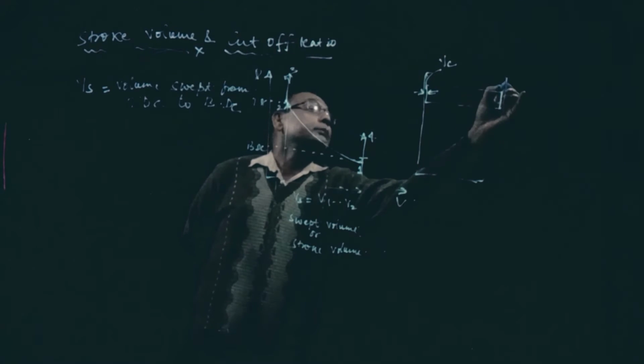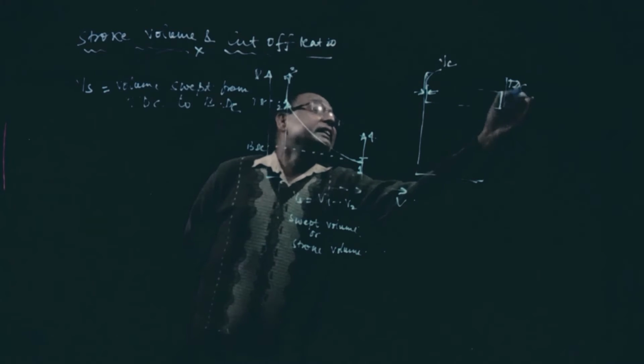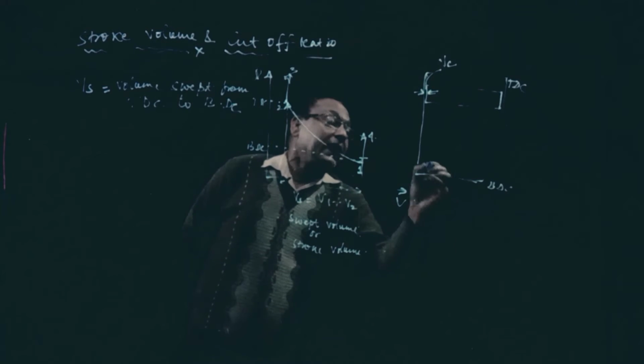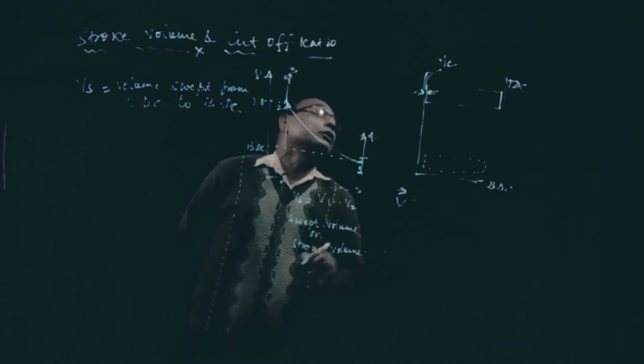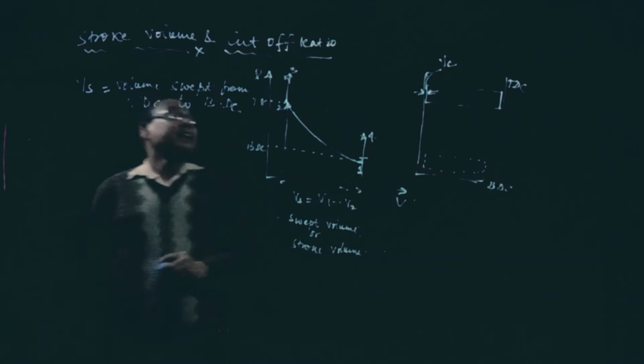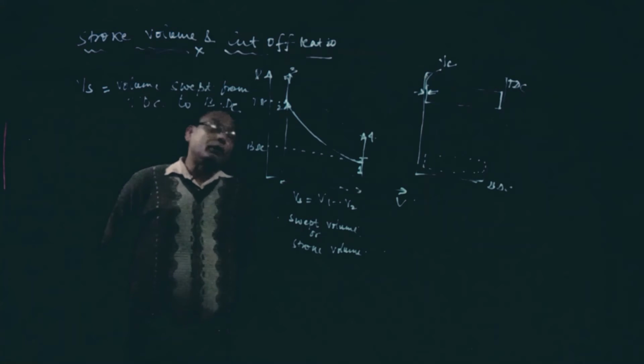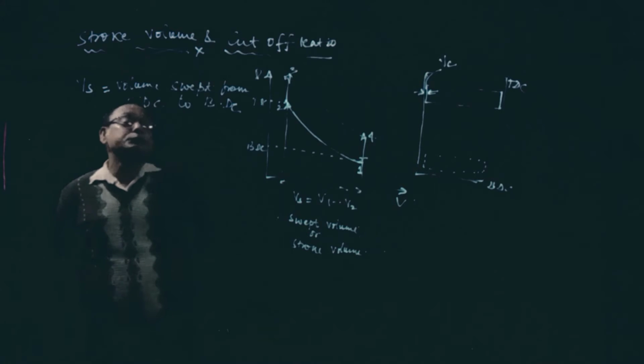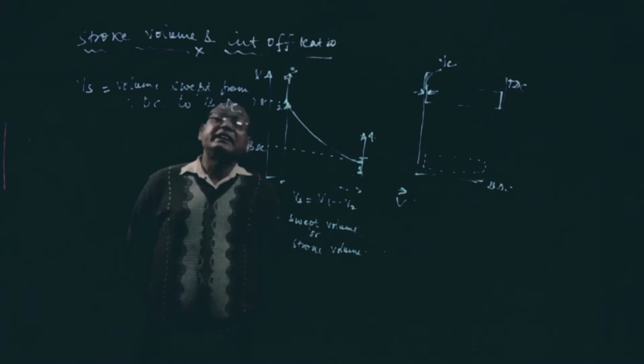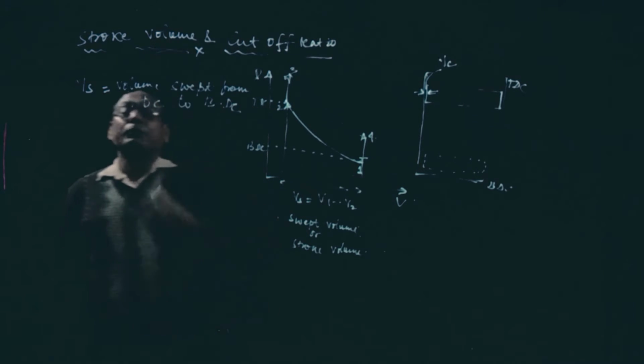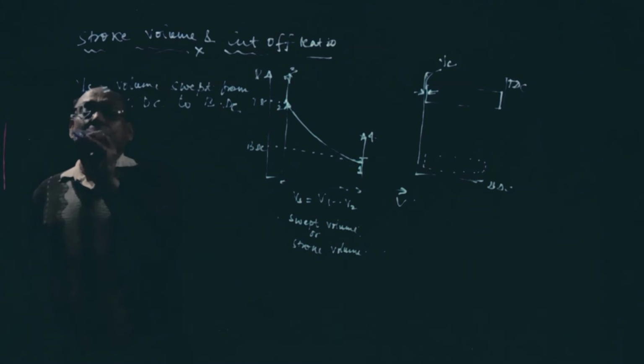Suppose this is TDC, then it is BDC, and now the piston is reaching here. How much volume is used from TDC to BDC? That volume is called swept volume or stroke volume. So the volume swept from TDC to BDC is known as stroke volume.